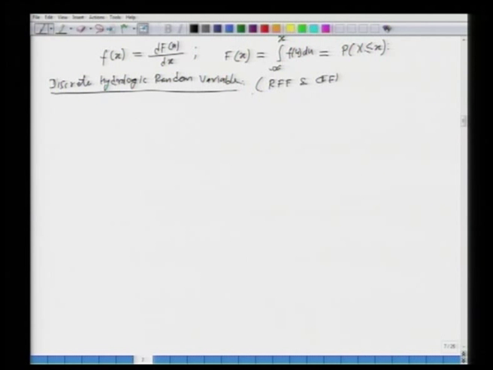If I plot them here, this is your variable x and this is f of xi, the frequency of occurrence of that particular event xi.